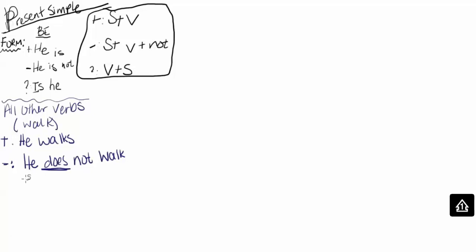This is still a subject, this is still a verb, and this is still not. The only thing is that we need that other verb, the main verb. And it sits back after all the work is finished. After the negative is finished, it comes in and just hangs out at the end. It doesn't do any of the work.